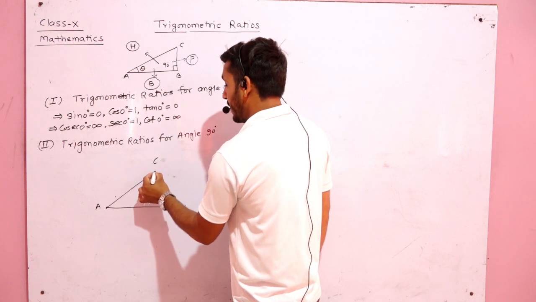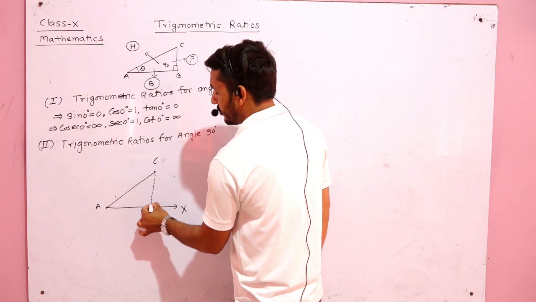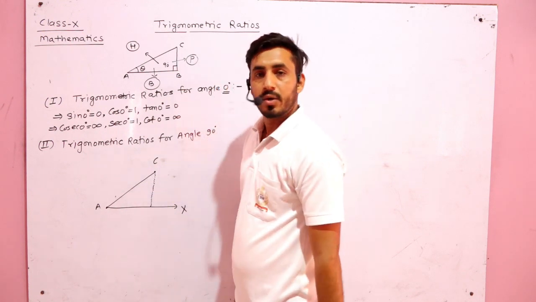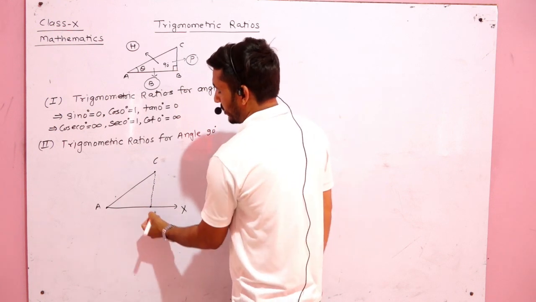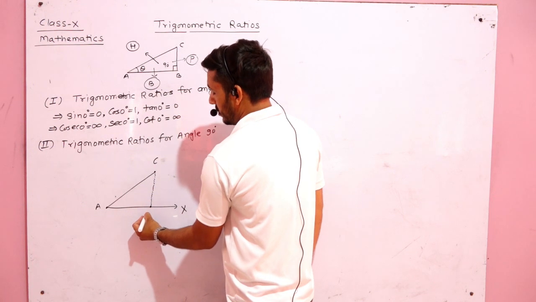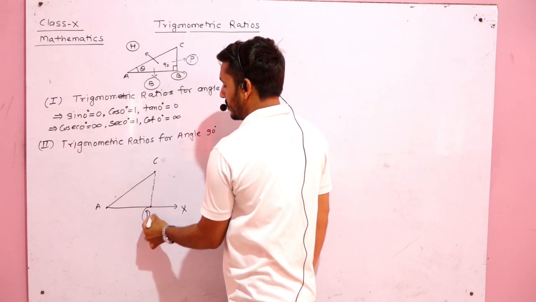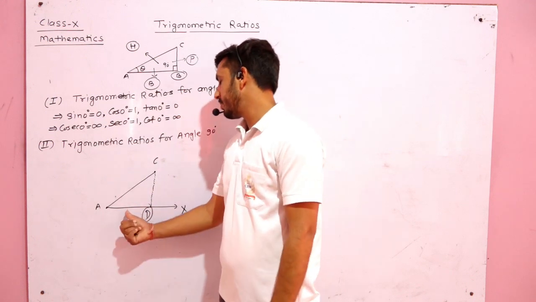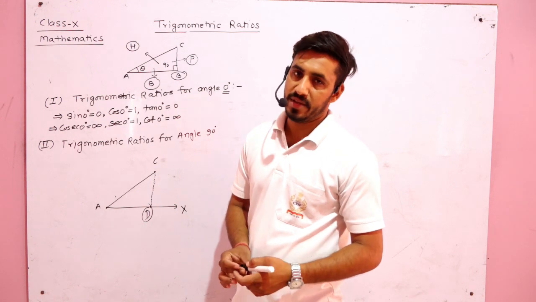Okay, I am making a perpendicular from the point C to line AX. And the intersection of the perpendicular with this line is D. Here I am writing B, but here I am taking D because we have to note down these sides in terms of perpendicular, hypotenuse and base.